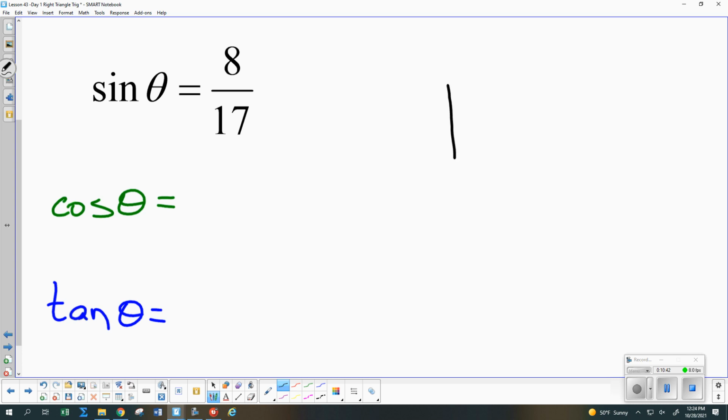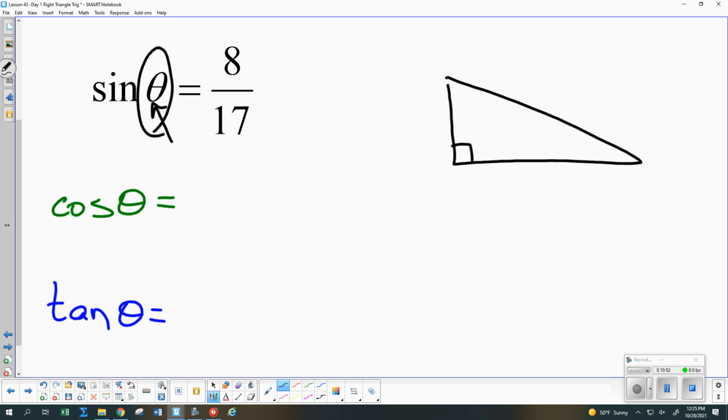So, let's draw a triangle. And then I need to pick an angle and label it theta, because that's the variable that they happen to use here. It does not matter which one I pick. It does not matter if it ends up being to scale or not, because I don't know right now what the scale should be.